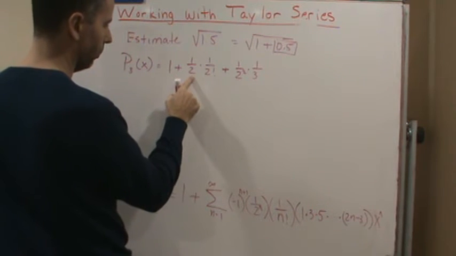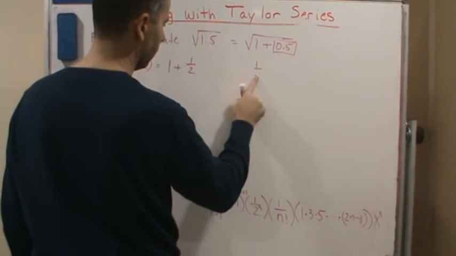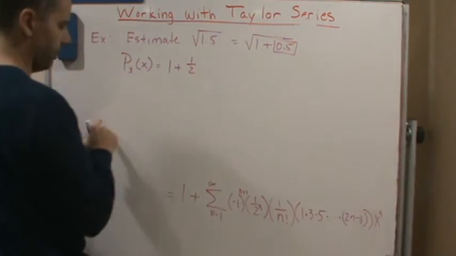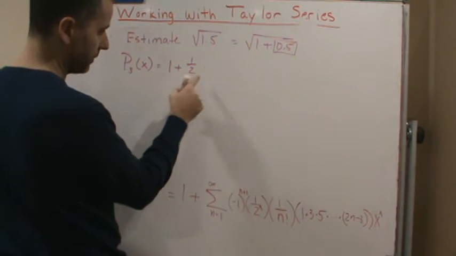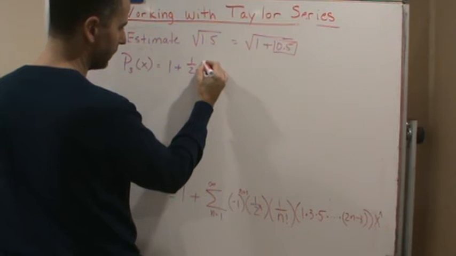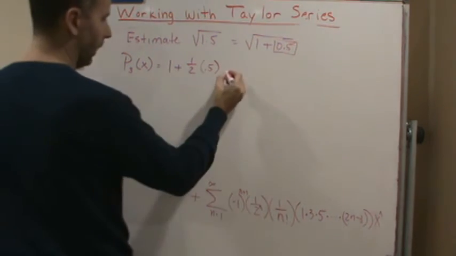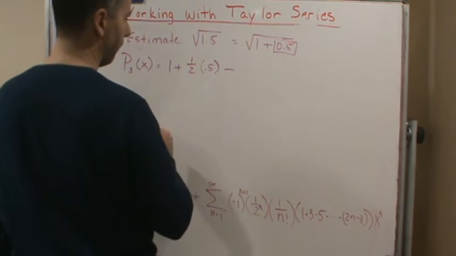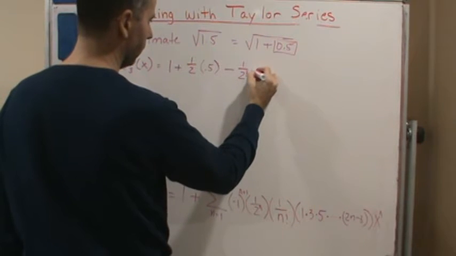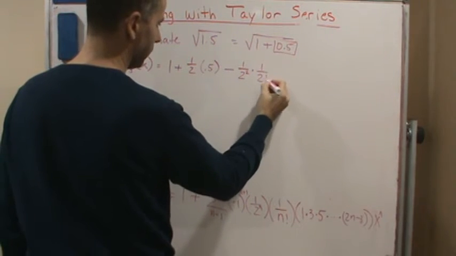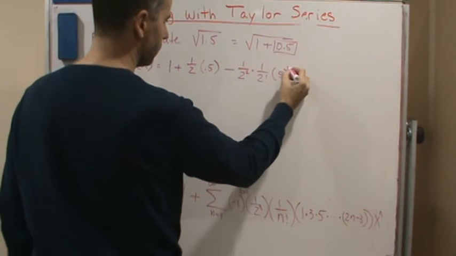Let me start over, sorry. I missed a term. So it's 1, and then this is going to be r times x. So this is going to be 1/2 times 0.5. And then this is going to be minus 1/2 squared times 1/2 factorial times 0.5 squared.